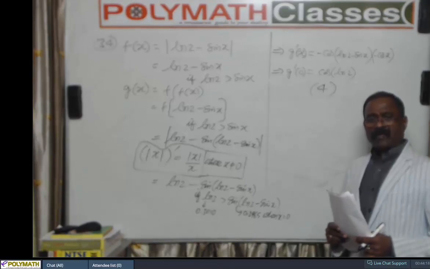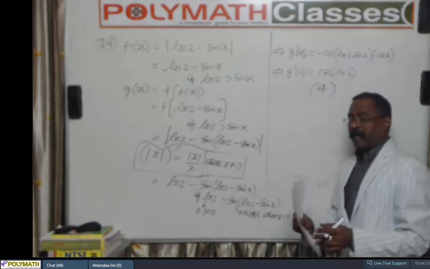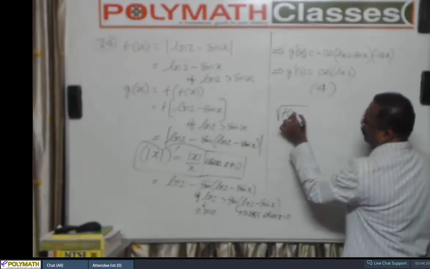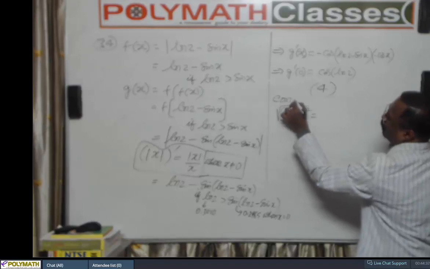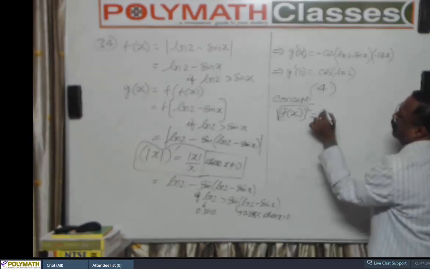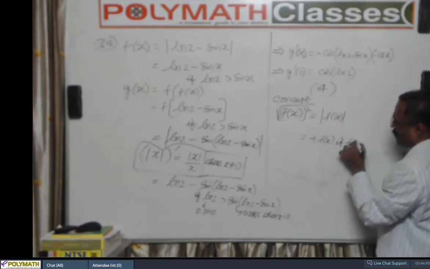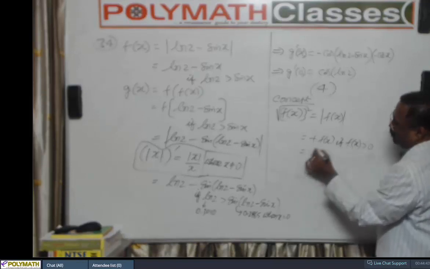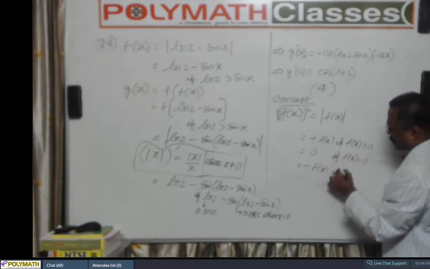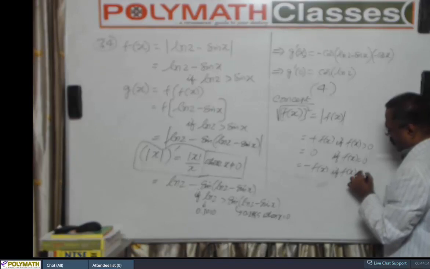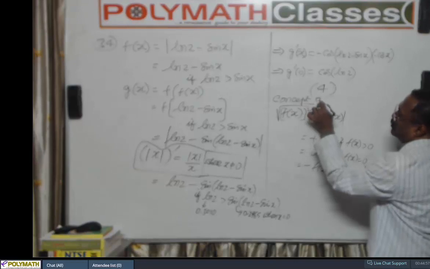If you want to understand the modulus concept in a better way, it should be like this: square root of f of x whole square is nothing but modulus of f of x, which is plus f of x if f of x is greater than or equal to 0, and minus f of x if f of x is less than 0. This is the concept you have to understand with regards to modulus or absolute value.